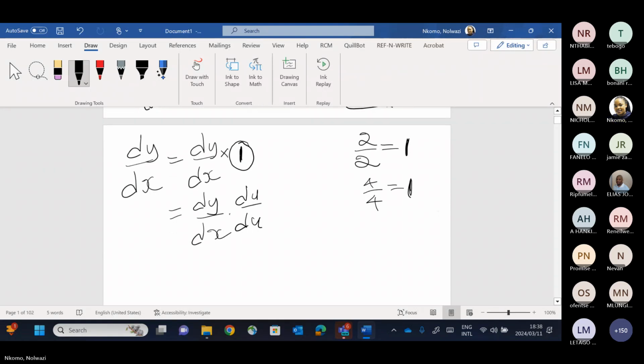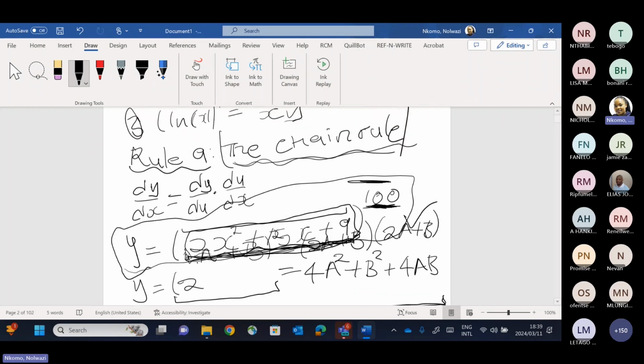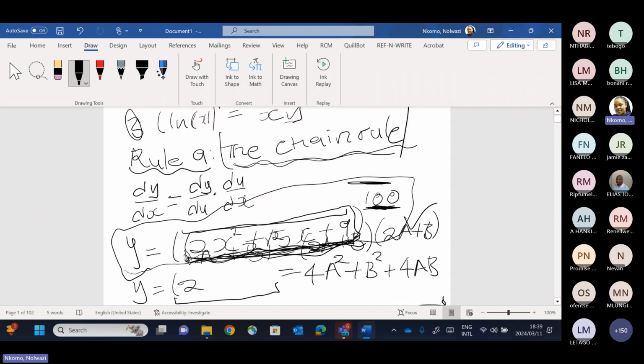But we said it's not easy for us to find dy over dx from this function, because it will cost us time, right?